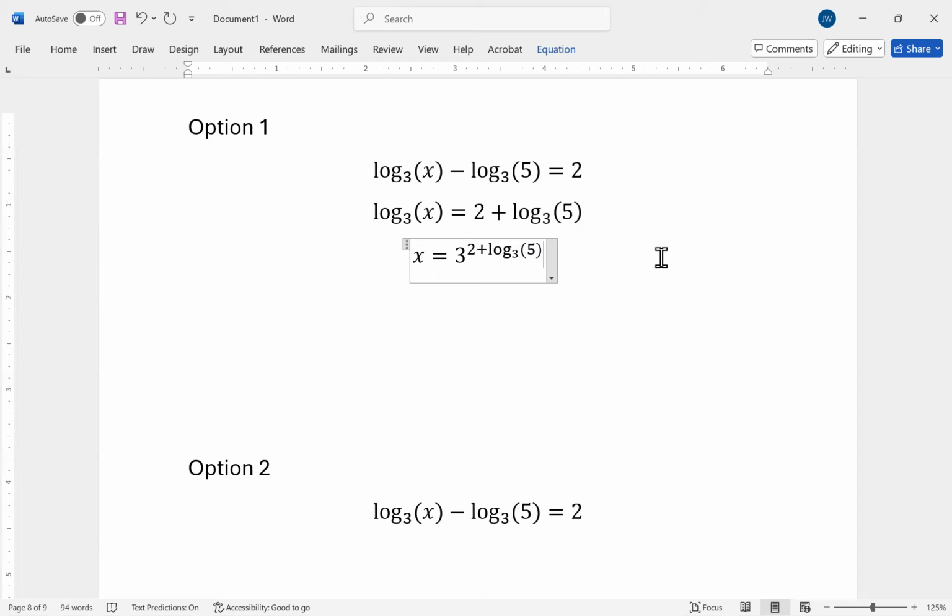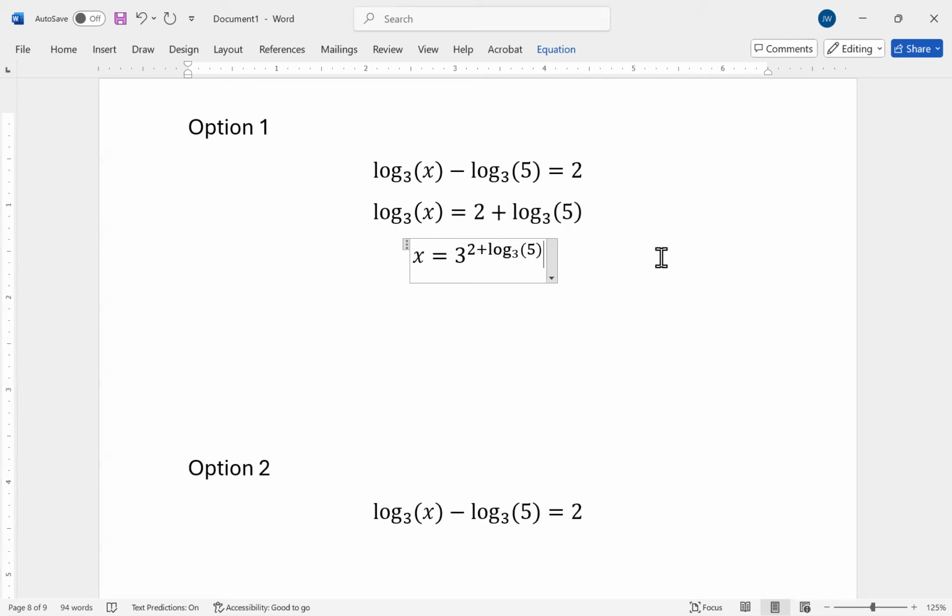And again, log base 3 of 5, if you wanted to calculate it using change of base, you could. That would be natural log of 5 divided by natural log of 3. If your calculator has a log base 3 that it can apply, you can apply it that way.